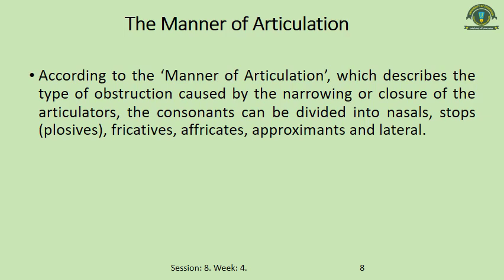When it happens, narrowing or closure of the articulators, the sounds are then divided. Then there is a new way to classify the class of consonants. And what are those? They are either nasals, stops, fricatives, affricates, approximants, and lateral.